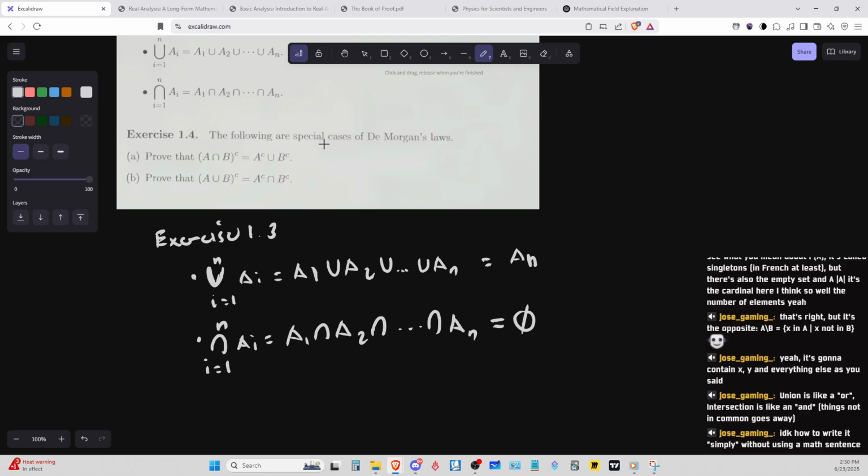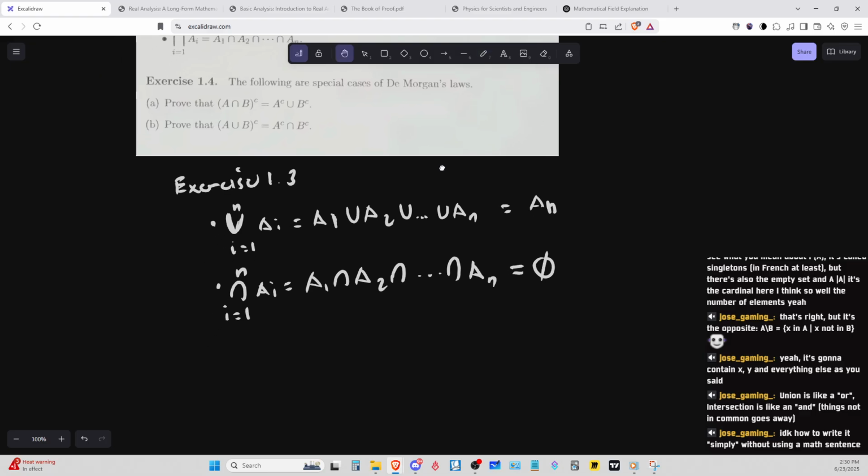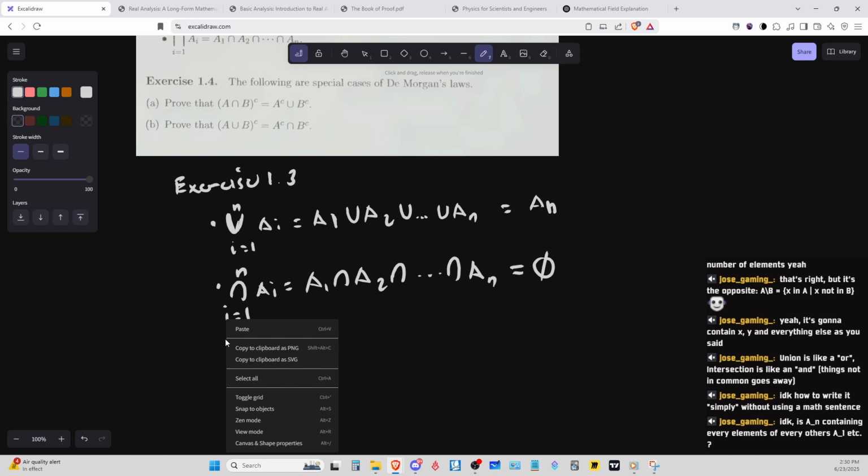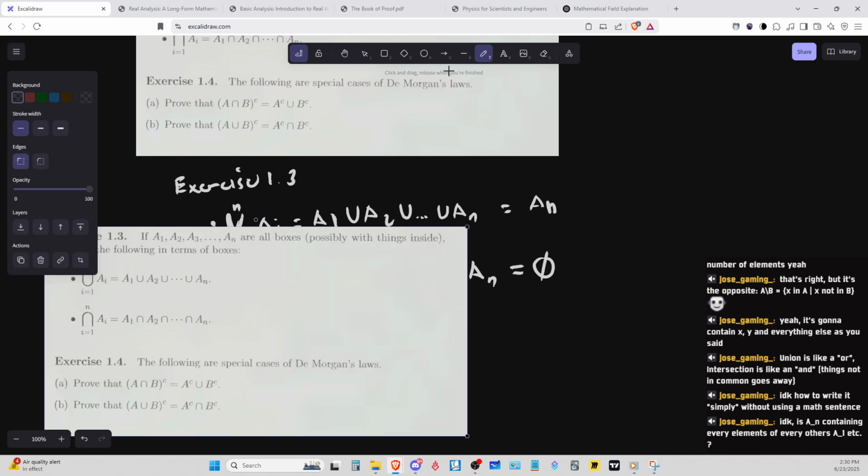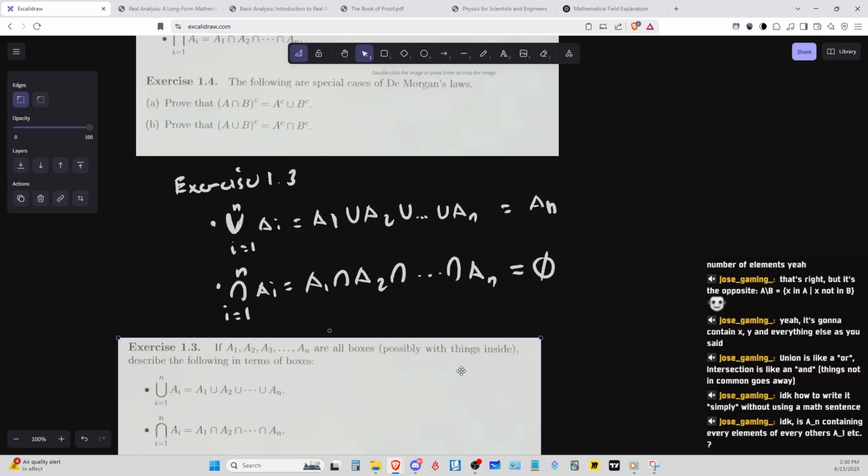Okay, so we got 4. Oh, De Morgan's laws. Okay, this is the one where we actually have to do some proof writing. I think we can just paste the same problem here, that way I don't have to rewrite it.